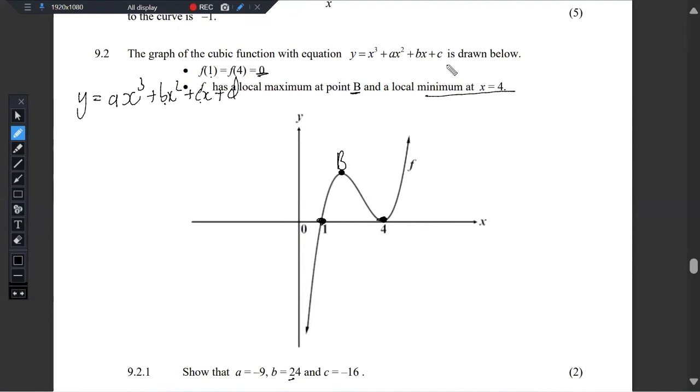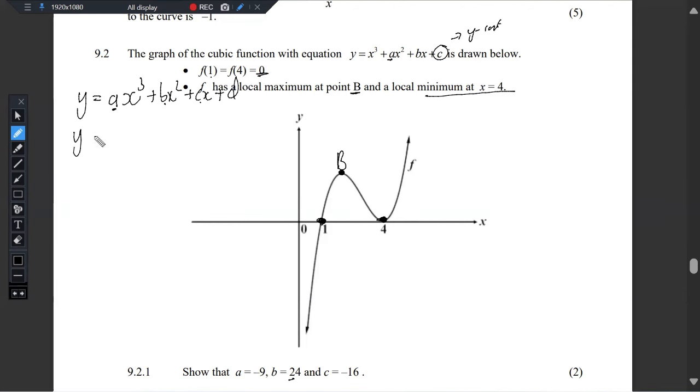But this does not change that your c here is now standing for the y-intercept, and where you have your a is where we normally have our b, and where you have your b is normally where we have our c. So in terms of the original cubic function, you are given this coefficient here that would make up for A. In terms of this, your A, B, and C are these ones. But in terms of the original way of writing it, you are actually given your A, right?